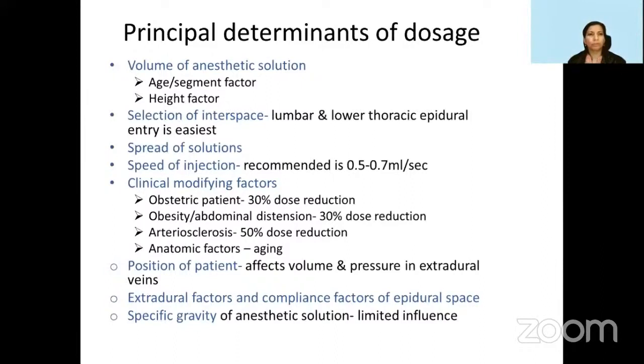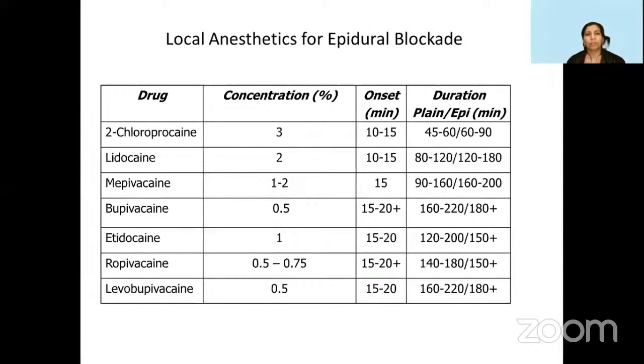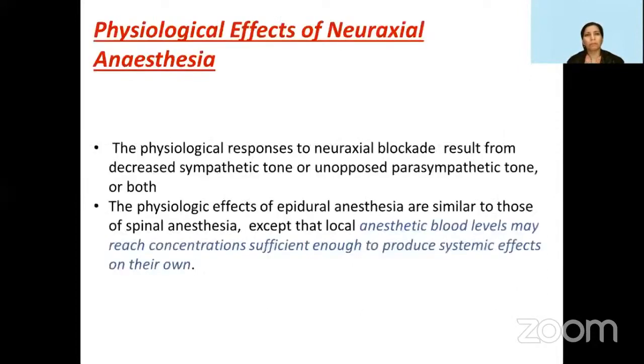The clinical modifying factors include obstetric patients, obese patients, and patients with abdominal distension, where there is a 30% dose reduction. Extradural factors and compliance of the epidural space are also important. These are the various local anesthetics commonly used for epidural blockade.